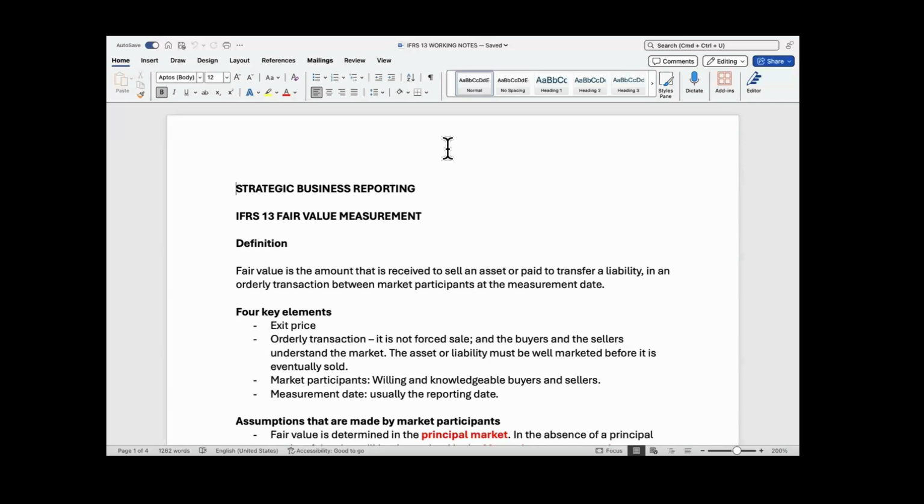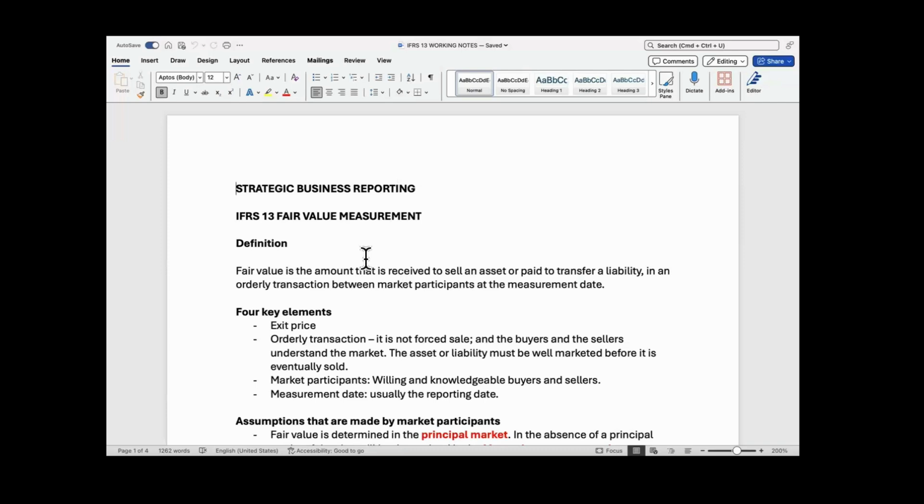Also fair value in IFRS 2, where we talk about the fair value of the share option at the grant date, does not follow along with this IFRS 13. Also IAS 2 on inventory does not follow along. And also IAS 36, when we talk about net realizable value, does not tag along with IFRS 13 determination of fair value. Every other standard does.